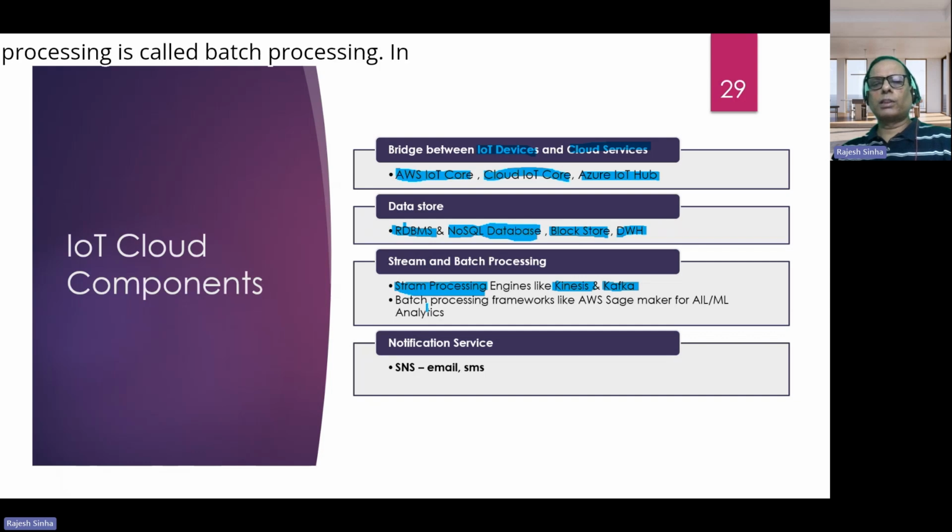The second type of processing is called batch processing. In batch processing, we accumulate data for a certain duration and then we do analytics on that data. Typically, this kind of processing is done to look at trends, to do some predictive maintenance, to bring in operational efficiency by analyzing data and taking data-driven smart decisions. We have frameworks like AWS SageMaker, which can help you to do different kinds of analytics.